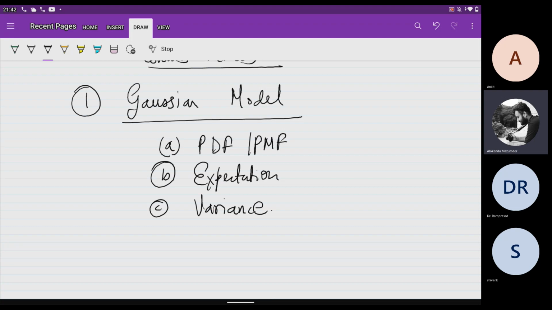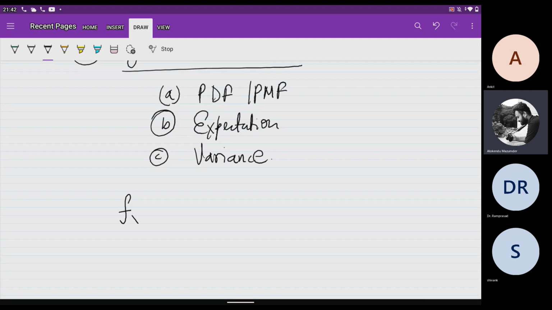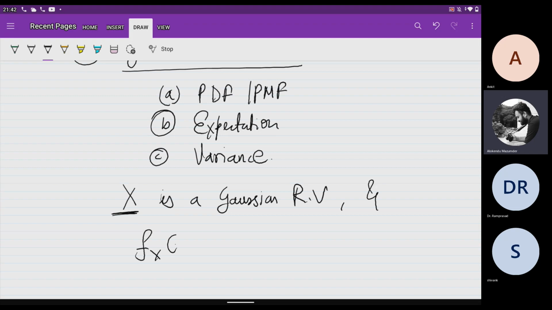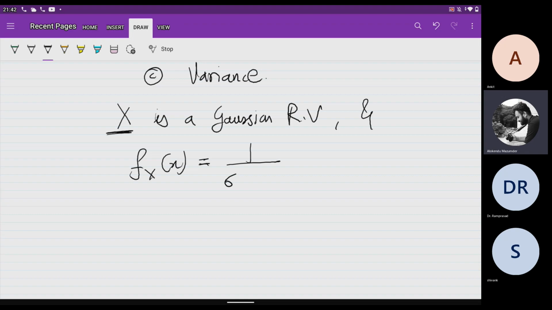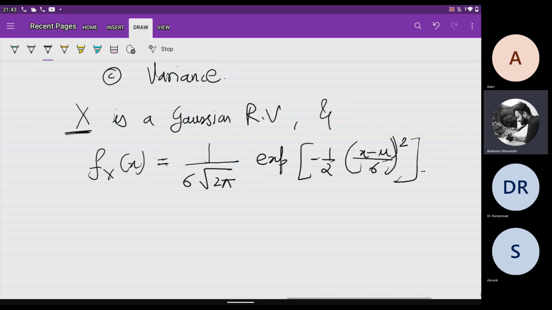So for the Gaussian model, we can say X is a Gaussian random variable, and the PDF, or the Gaussian model f of x, is defined like this.